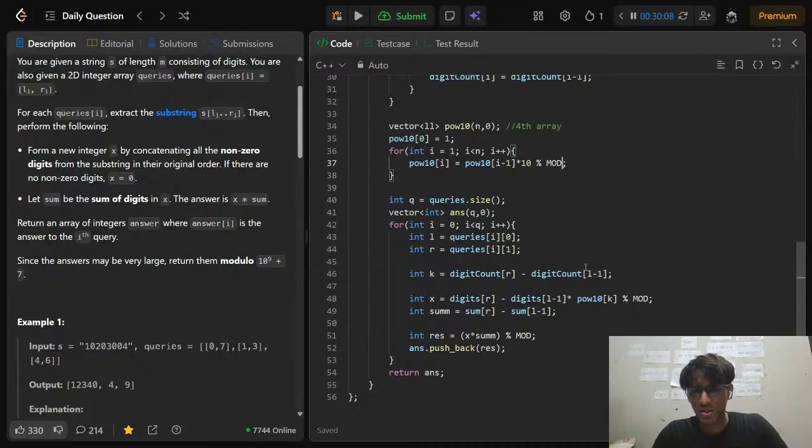So we will have to basically change this and this. Yeah, we'll have to change all three.